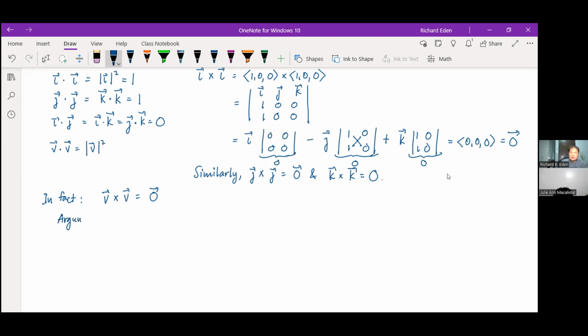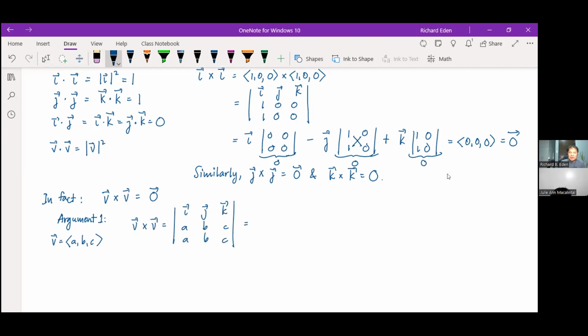So here's one way to argue that. Argument 1. Okay, let's say V has components A, B, C. So let's see how the computation is going to look like. So we write down I, J, K, and then the components of V, A, B, C, and then the components of the same vector because it's the same vector.